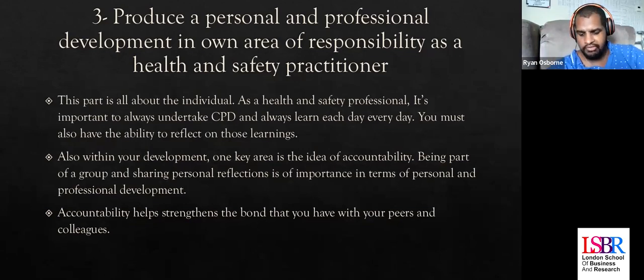Because then when you are given an account of your own opinion, of your own situation as well, it will allow you and another friend to help keep you accountable. So if, let's say, you've decided to go on a communication course, if you've told somebody about it, they can help keep you accountable.